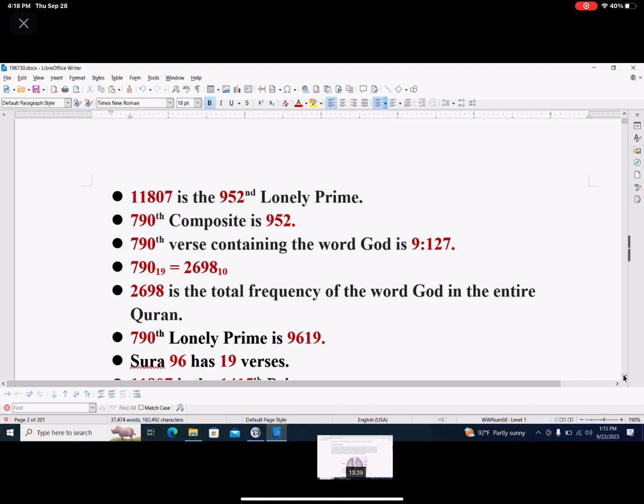Surah 96 has 19 verses. It's the first surah that was revealed.